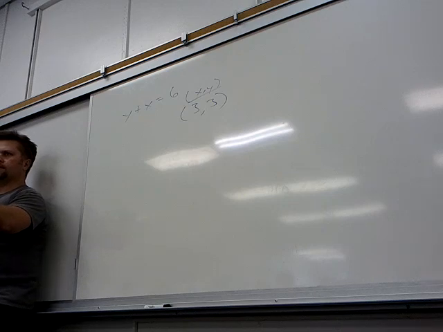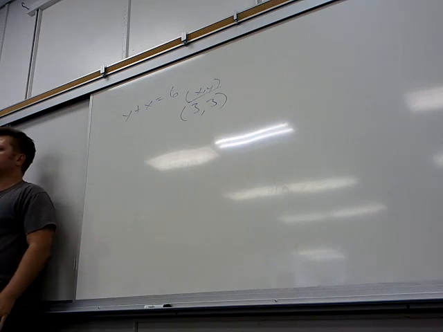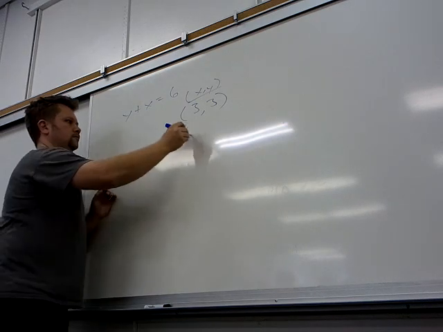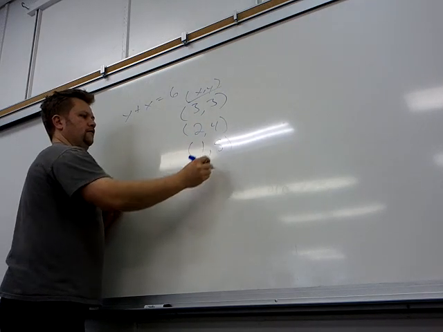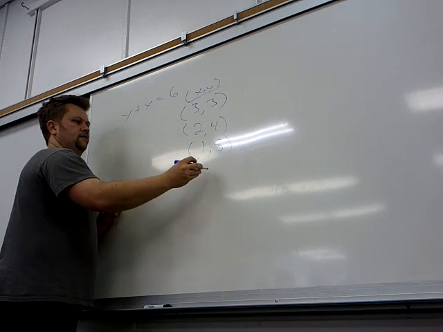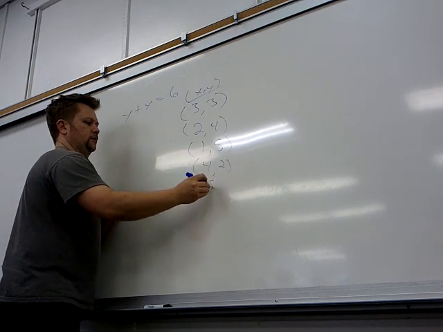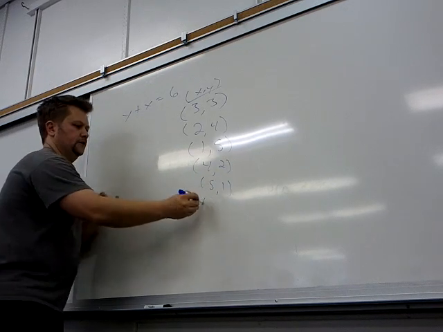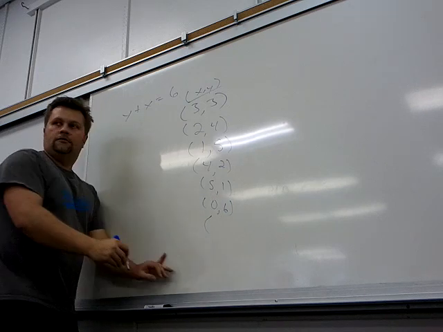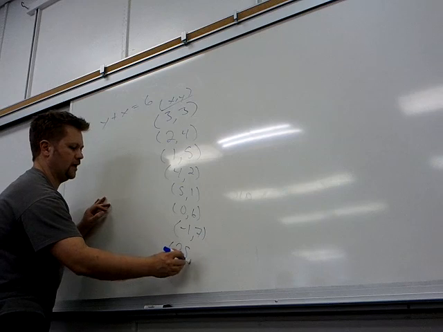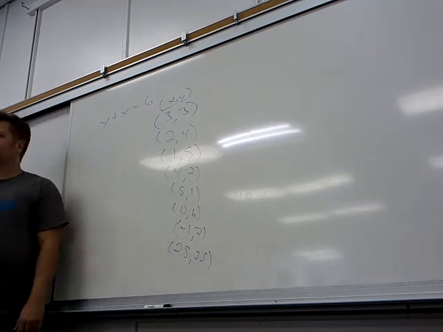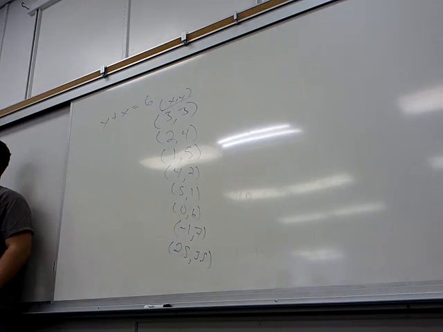Somebody give me another answer for this. 2 and 4. 1 and 5. And of course 4 and 2, I can just turn them around, right? 0 and 6. -1 and 7. I like it. Let's get crazy. What about 2.5 and 3.5? Whoa, Jeff, slow down there, man. That's crazy.